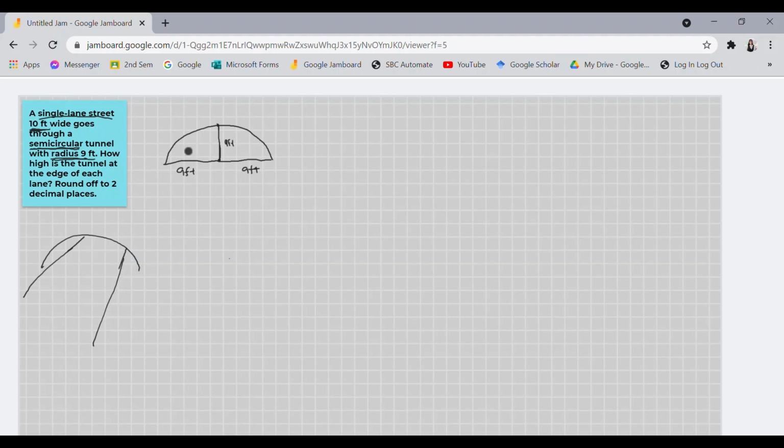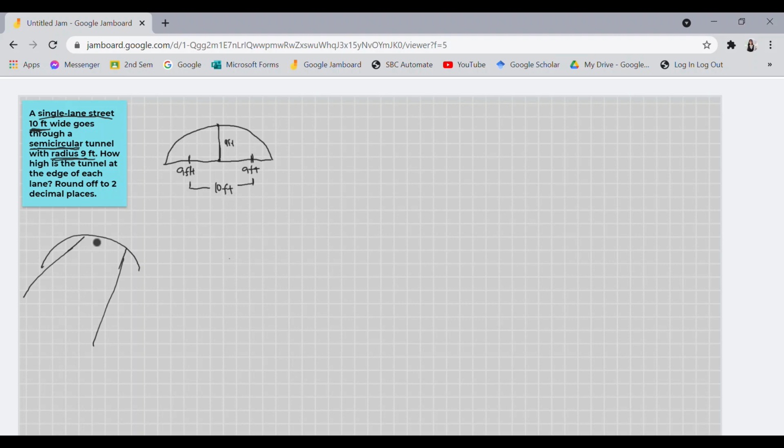If we connect that to this flat illustration, if this is the tunnel, and there is a 10 feet wide street that will go in this tunnel, the length of that lane must be 10 feet.